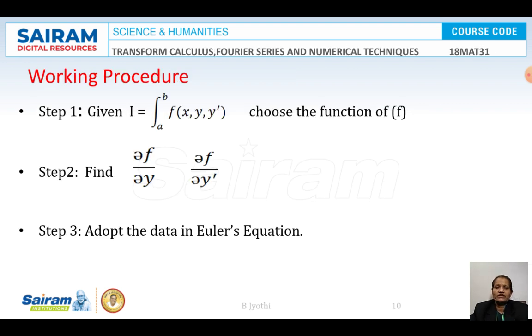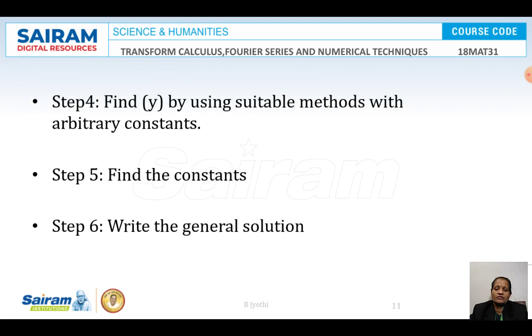So coming to the working procedure, it is already discussed in the problems. Given an integral I equals integral from a to b of f(x, y, y'), now choose the function f, that is f(x, y, y'). Let's find ∂f/∂y and ∂f/∂y'. Adopt the data in Euler's equation.